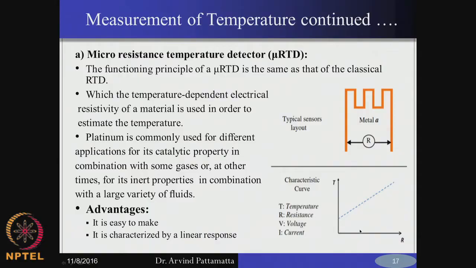So, there is no junction formed, it is only a metallic element which has a very high temperature coefficient of electrical resistance. The more common one which is used is platinum, because it is inert and does not react with most of the gases.